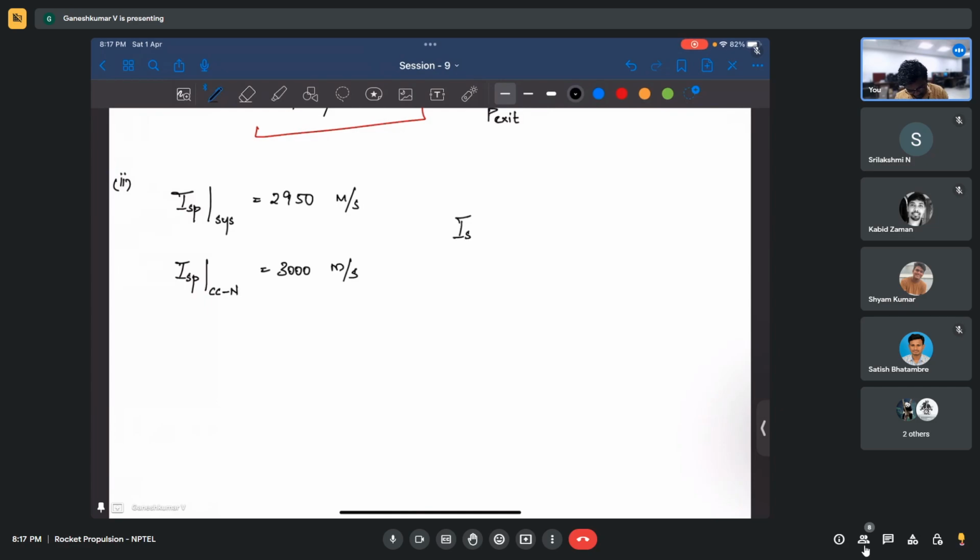What is the specific impulse of the auxiliary nozzle? It's just 3000 minus 2950? No, right? I think we should consider the fuel fraction. Why should we consider fuel fraction? How and why?